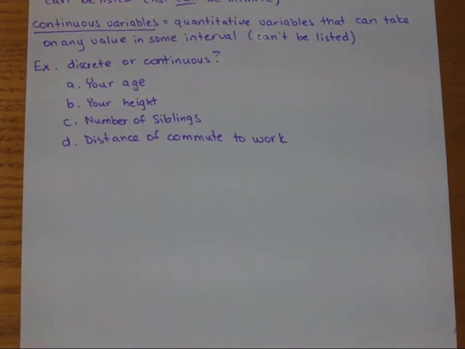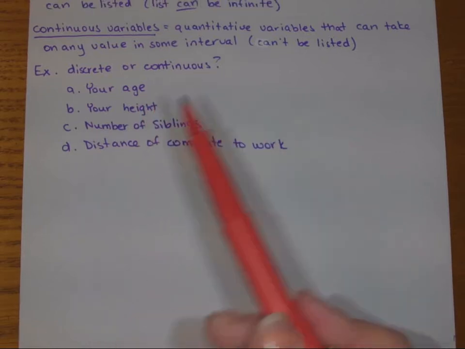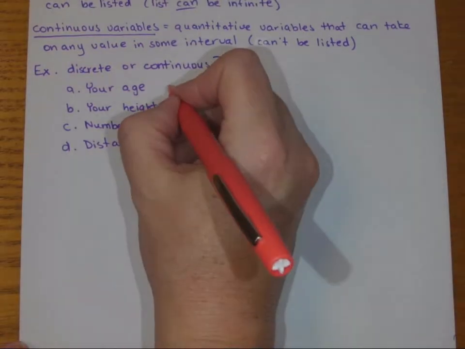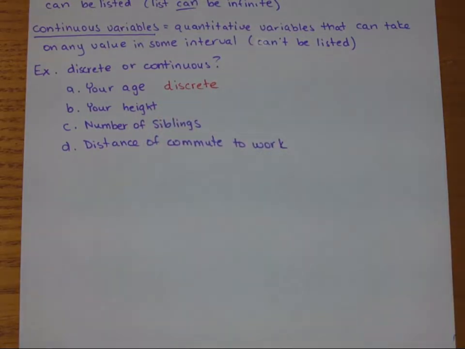Okay, note all of these things would be numbers, right? If I asked you to give me a survey answer for any of these things, you would give me a number as an answer. So the question is, can you list out or begin to list out the ages for part A without kind of forgetting any ages, right? So you can, right? You can list any and all ages out, even though you might have to make your list quite long. It would be discrete, okay?